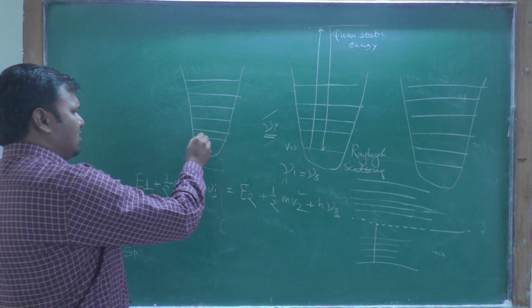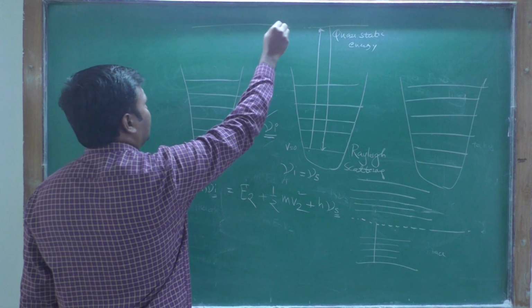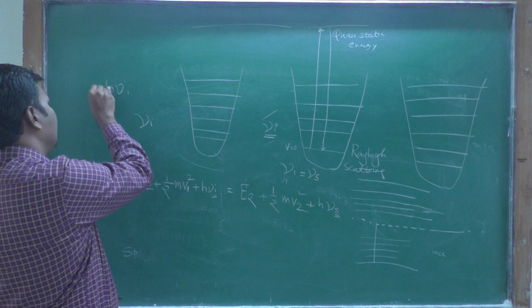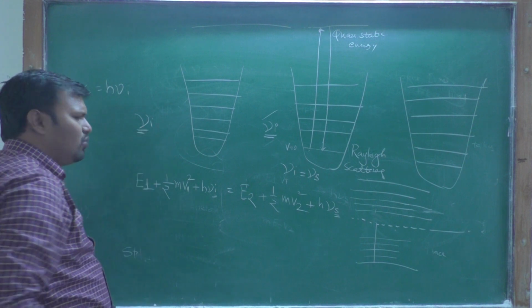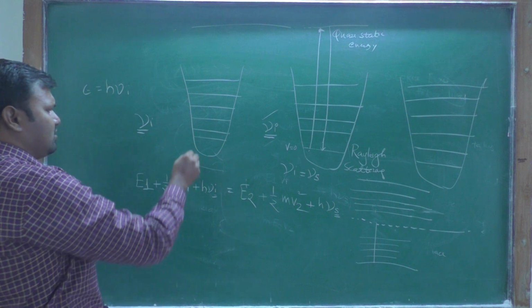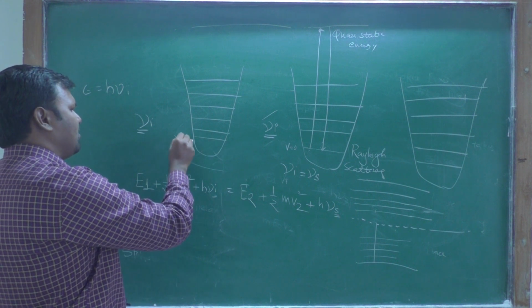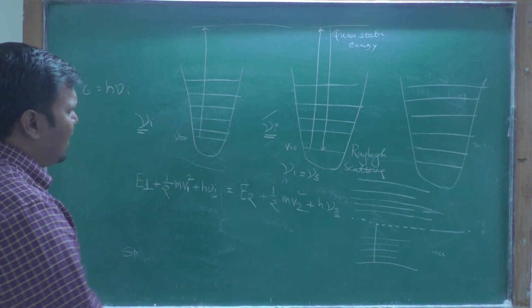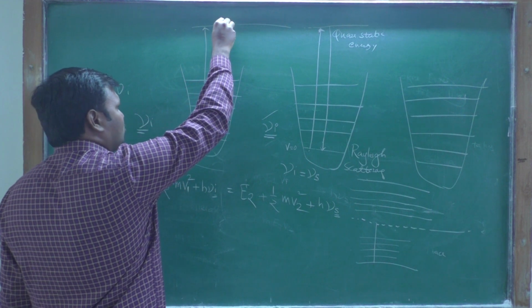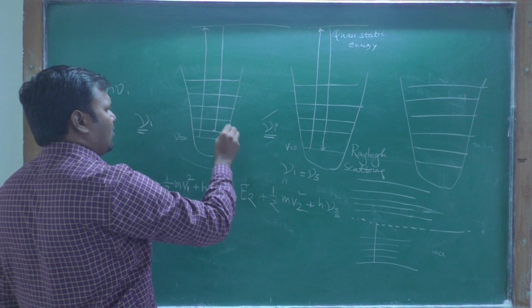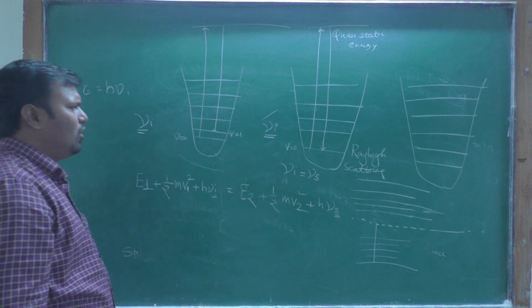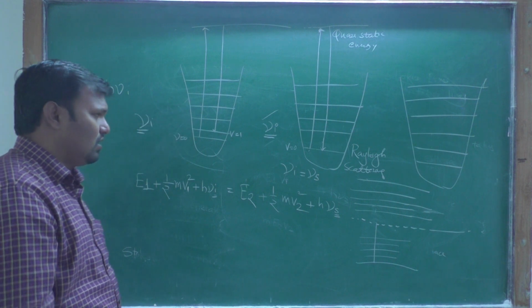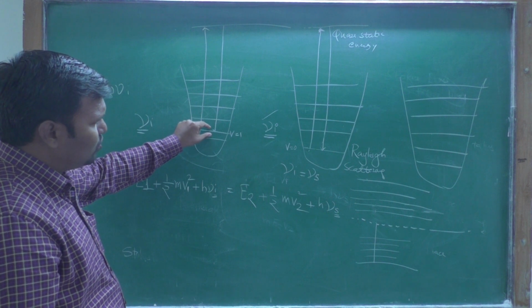Suppose there is a quasi-static energy state, and h mu I is the energy of a photon having the frequency mu I. When it falls on the sample, the energy state of the sample goes from V equal to 0 to the quasi excited state. Then instead of coming back to the V equal to 0 state, it comes to the V equal to 1 state.